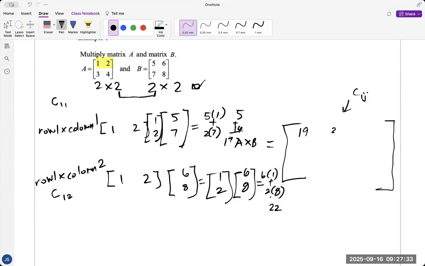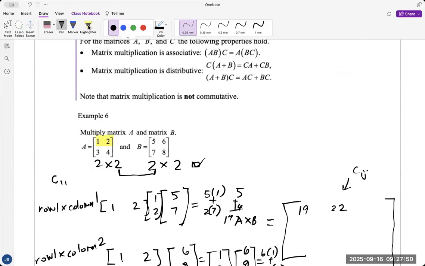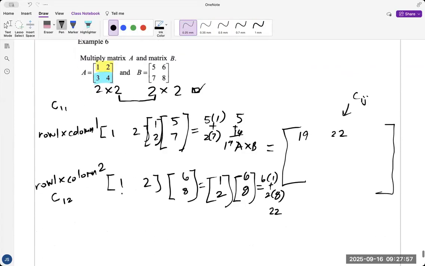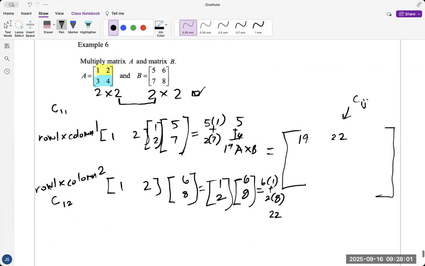Let me just make sure to add that differently because yep, okay, 22. All right, and then the next one. So now we're going to focus on the second row, right? Wait, let me make sure, it's in row 1, column 2.